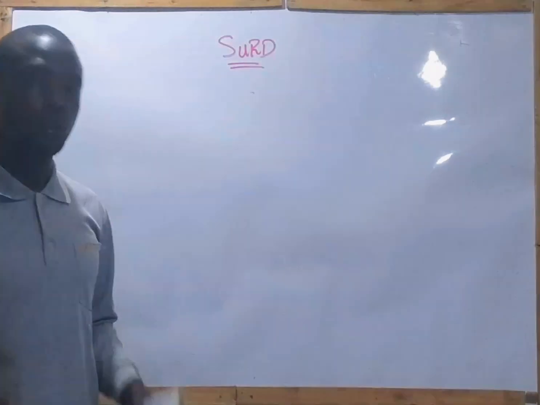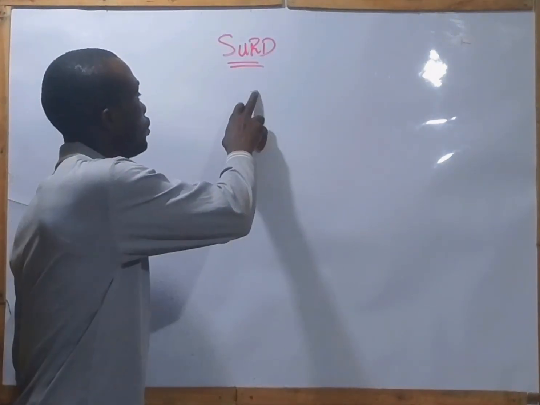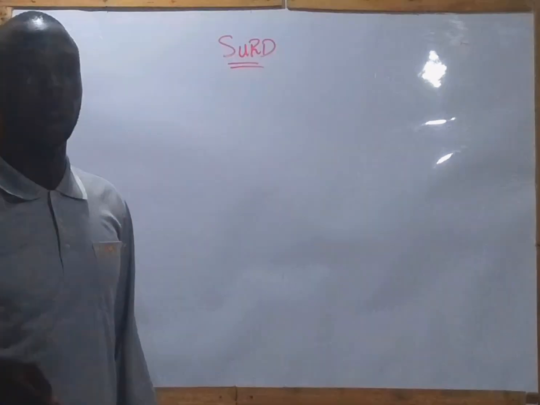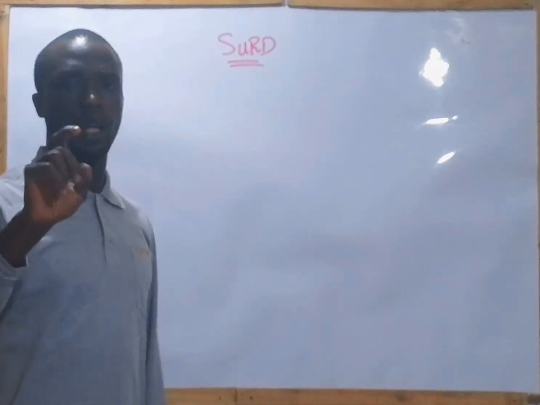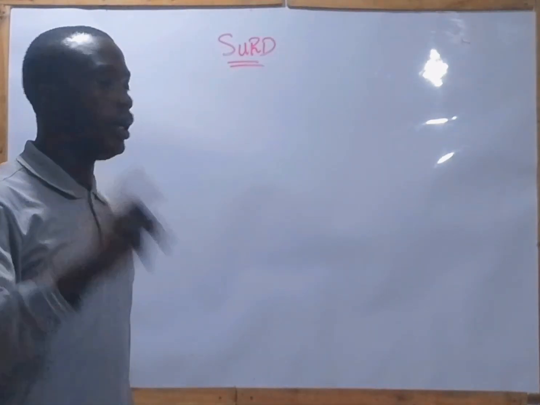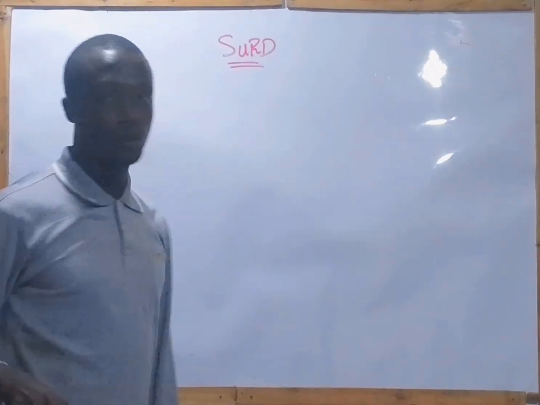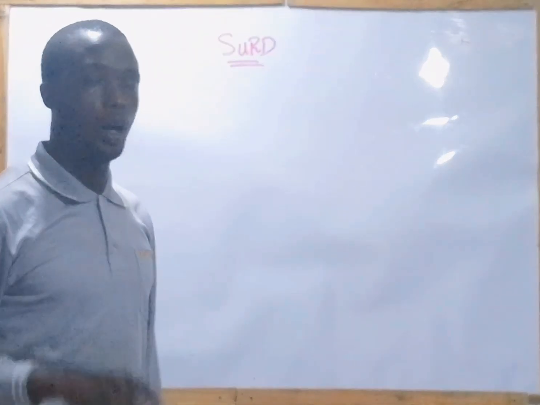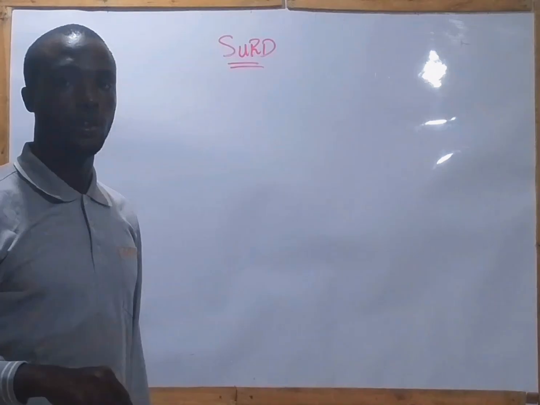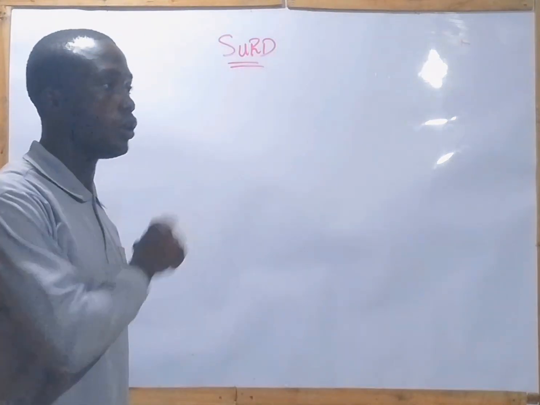Okay guys, today we'll be looking at surds. I know many people find it difficult when they see questions on surds. So don't worry, I'll make it very easy for you to understand surds.